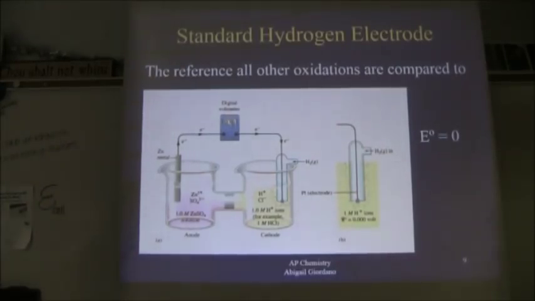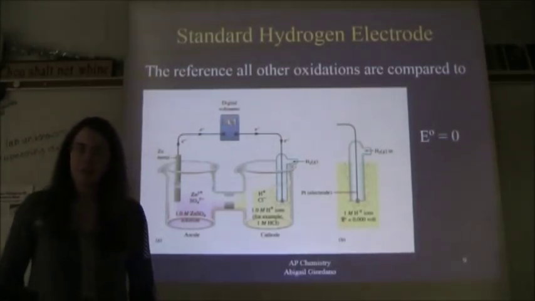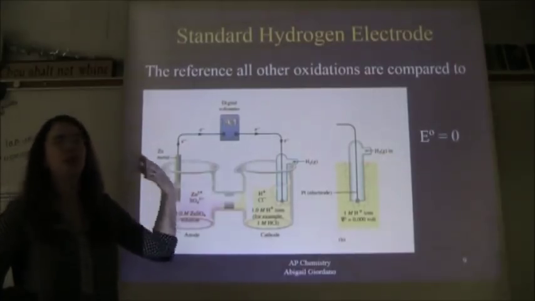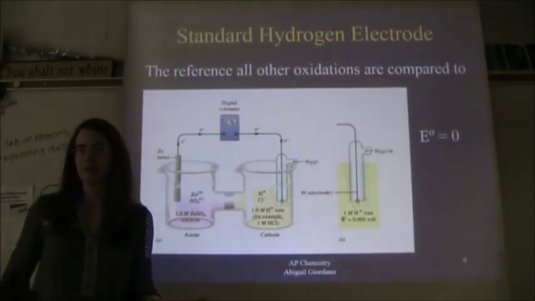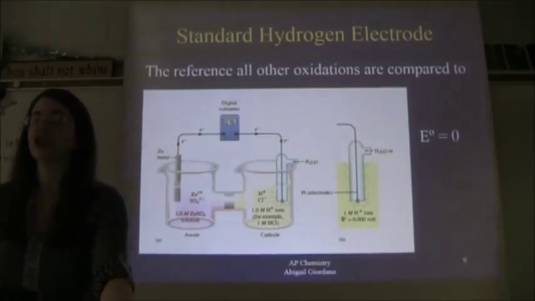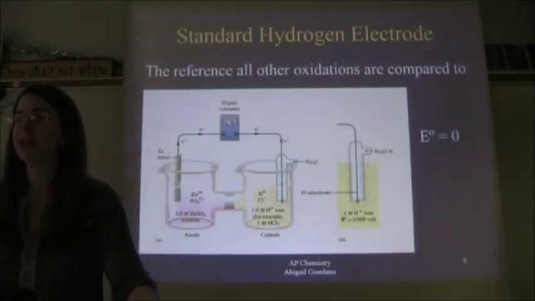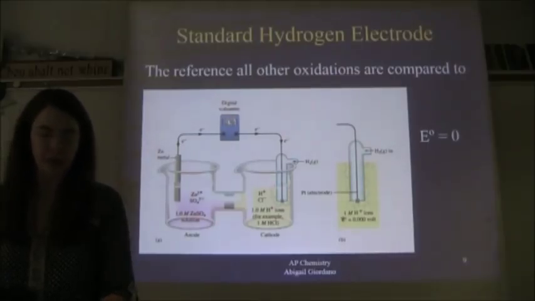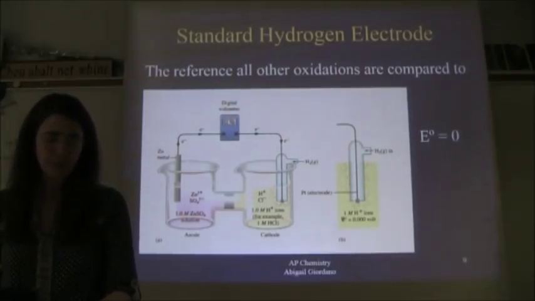What element has a reduction potential equal to 0? Hydrogen. Guys, hydrogen is considered our reference potential. Okay? Its cell potential is equal to 0. In this chart, guys, you'll notice everything above it has a positive cell potential, everything below is negative. Okay?